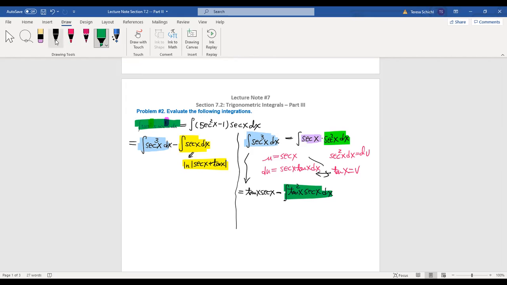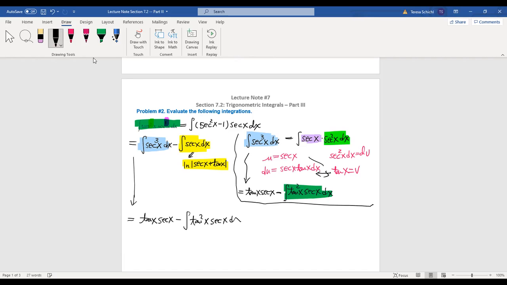But we learned how to do this type of problem before. So this is my secant cube. Let's put this down: secant cube is equal to tangent x secant x, minus the integral of tangent square x secant x dx. Then this one we already have the integration: natural log of secant x plus tangent x.